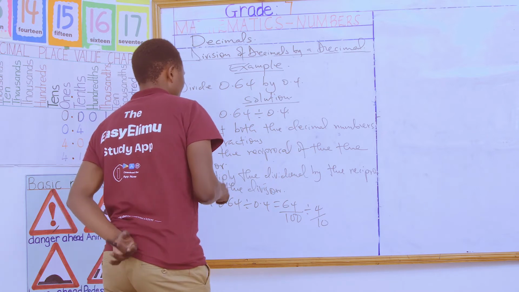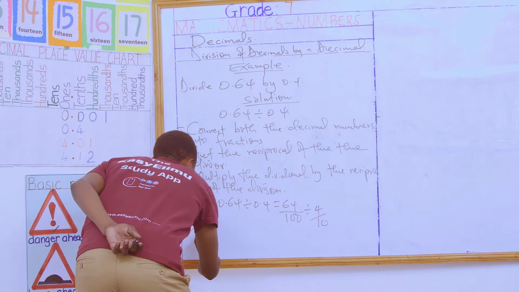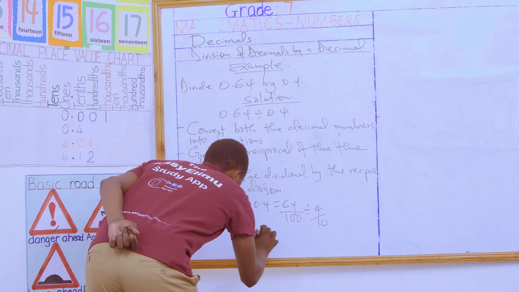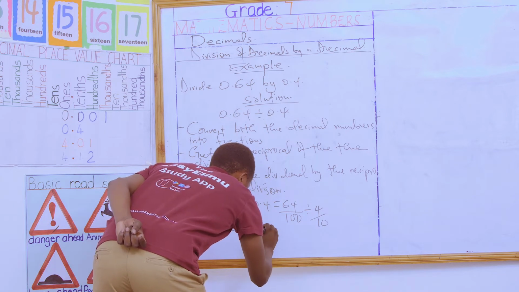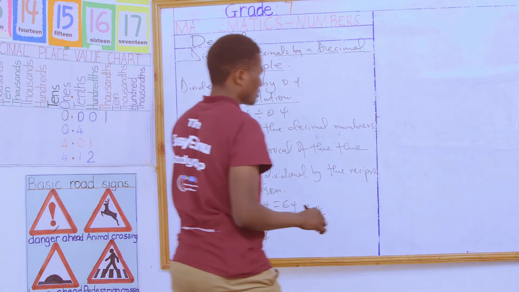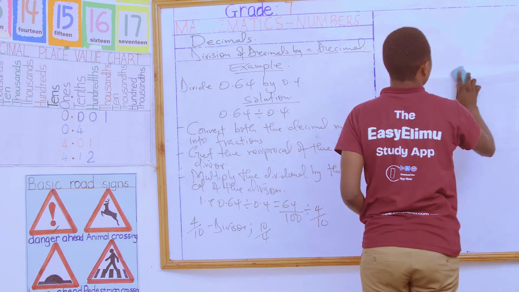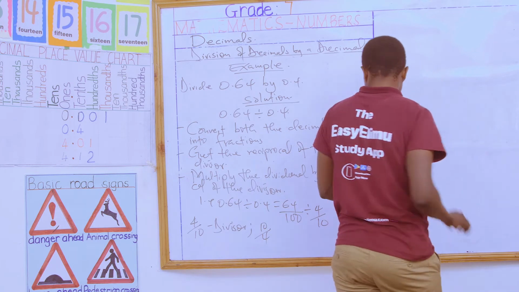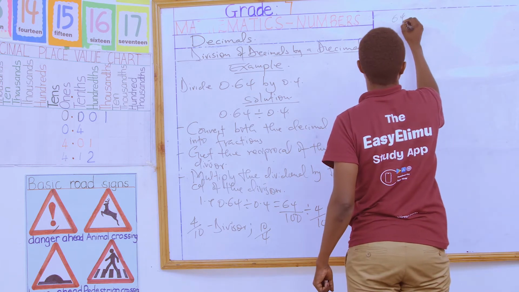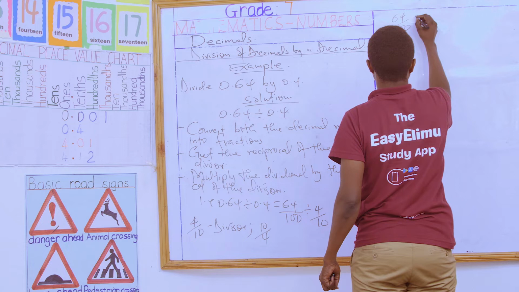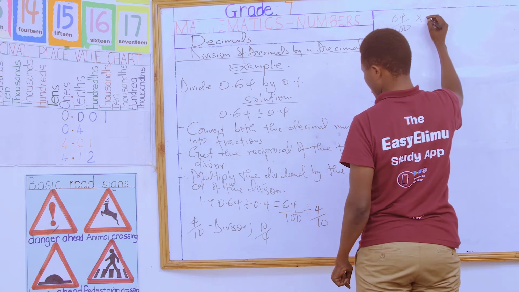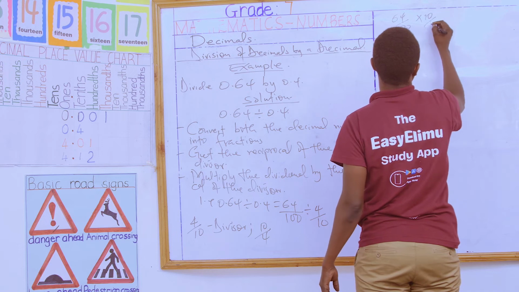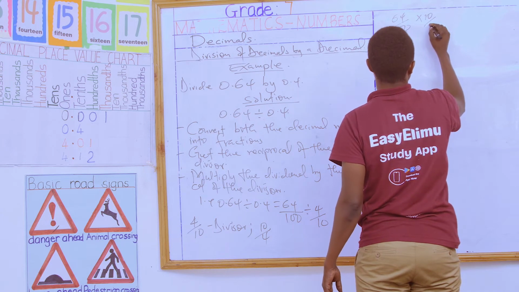Here, 4 over 10 is our divisor, and its reciprocal is 10 over 4. From that juncture, we now multiply our dividend, which is 64 over 100, times the reciprocal, which is 10 over 4.